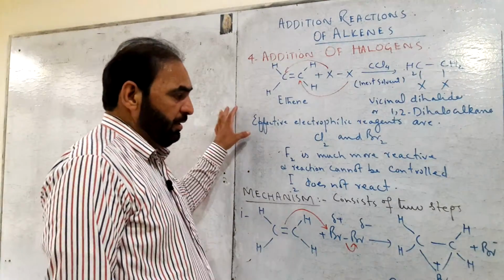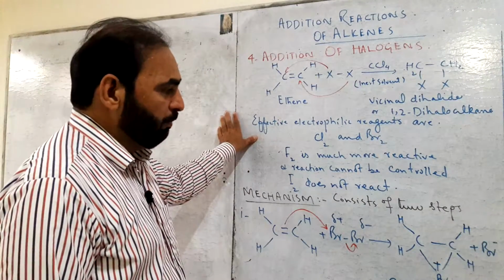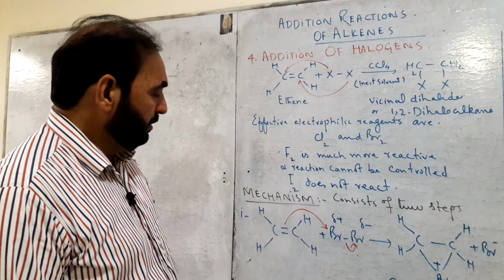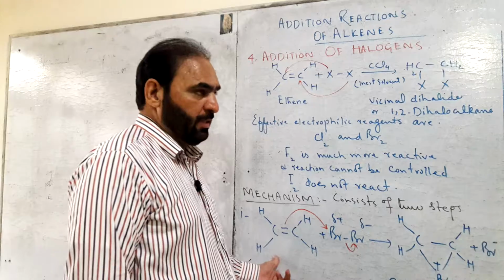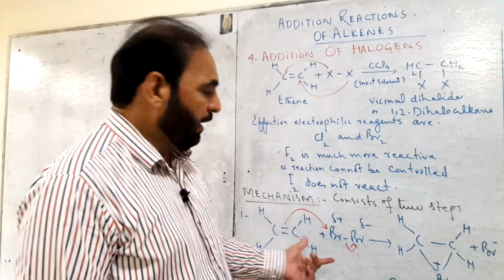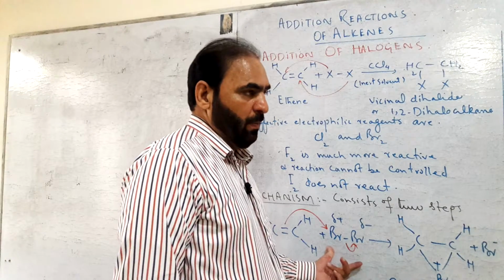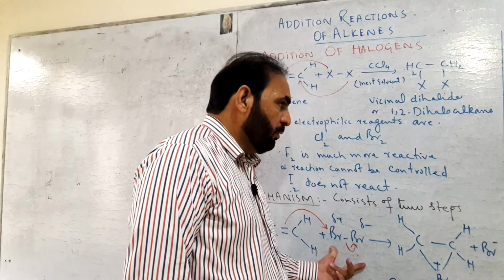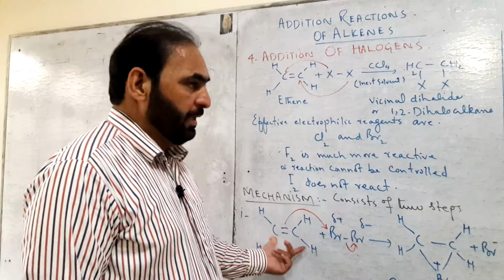The reaction is completed in two steps. Let's have ethene as an alkene, and we take bromine molecule, a large size molecule, to be added to ethene.